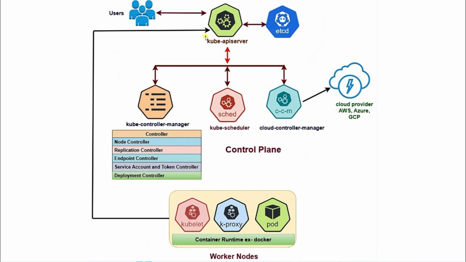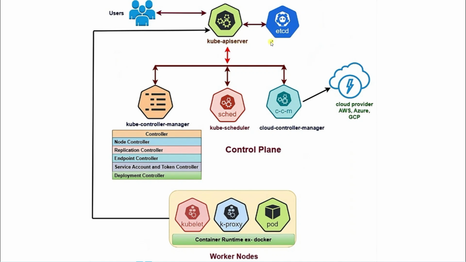It first validates and then processes the request, and then it persists the cluster state to etcd. In simple terms, it acts as a central communication hub for the Kubernetes cluster. This is the role of the Kube API server. This is the very important, main component, I would say, for a Kubernetes cluster.